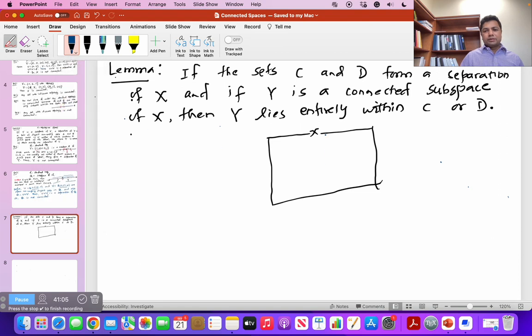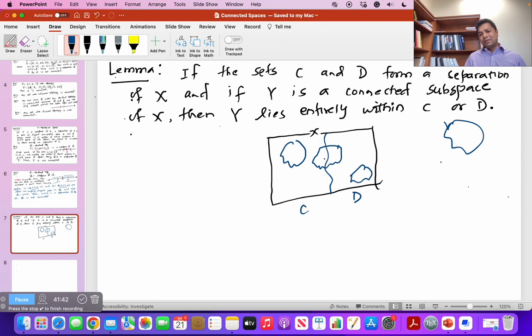This side is C and this side is D, and C and D are non-empty disjoint open sets, and their union is X. And if Y is a connected subspace of X, then Y has to be entirely within C or entirely within D. It cannot be part of both C and D. It has to be either within C or within D. It cannot be like this one.